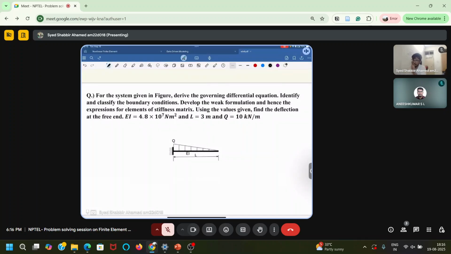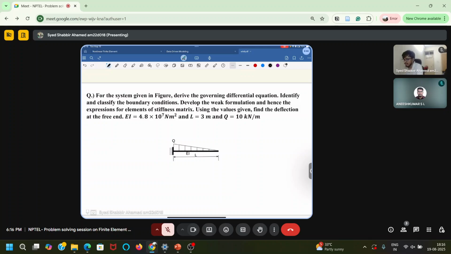This is a very extensive problem, and if we solve this, we can understand for a beam how we can derive the governing differential equation, and then identify the boundary conditions, whatever the structure is, and from that we will develop the weak formulation, and from the weak formulation we will develop the element stiffness matrix, and after developing that we will get the deflection at the free end of this cantilever beam, and there are some properties given. Using those, we will find out our numerical result.